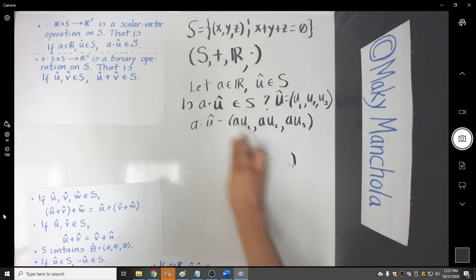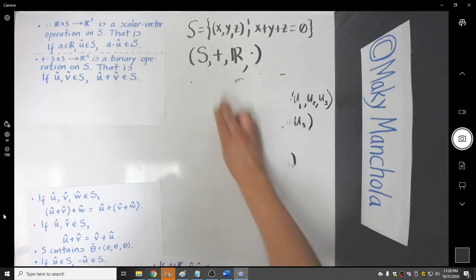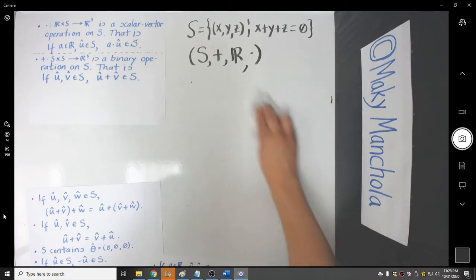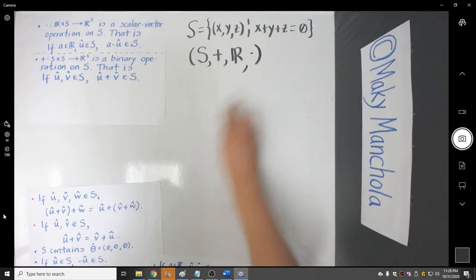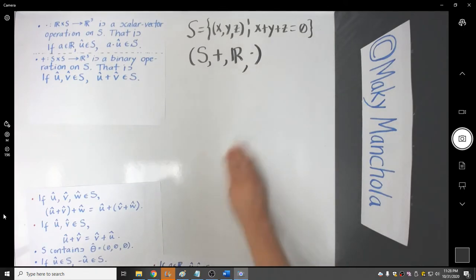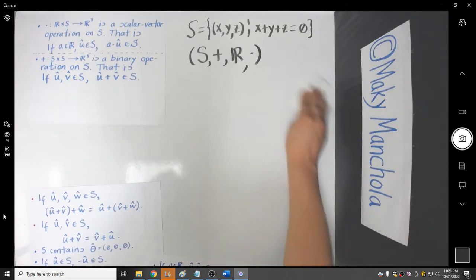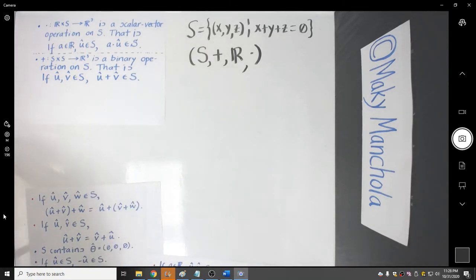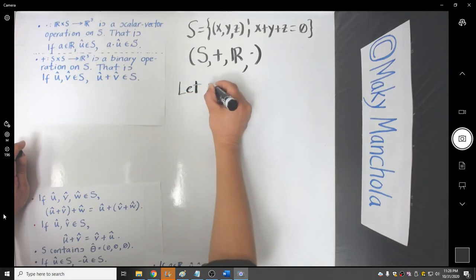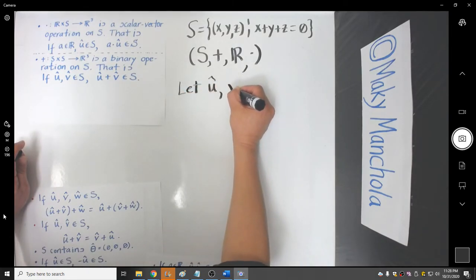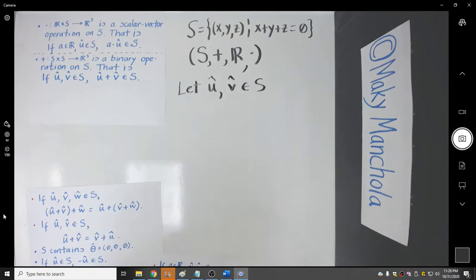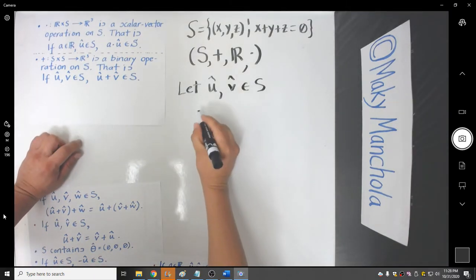Let's try something different. Let U and V be elements of S. We want to show that the sum of U and V also is in S. So let U, V belong to S. Now, let's specify what that means.